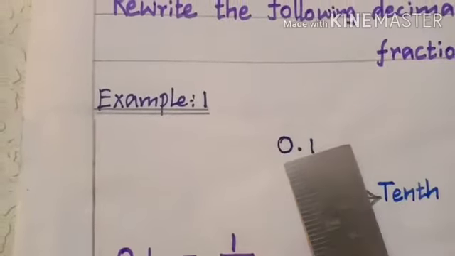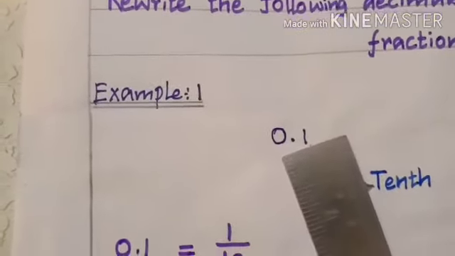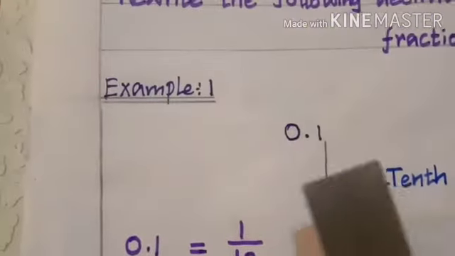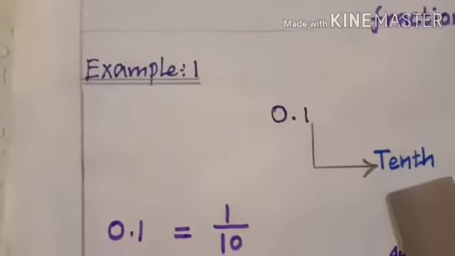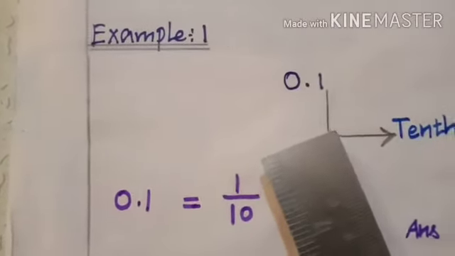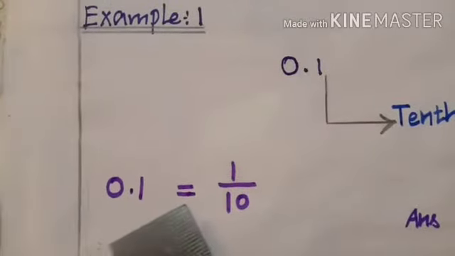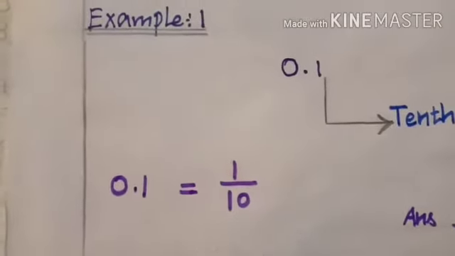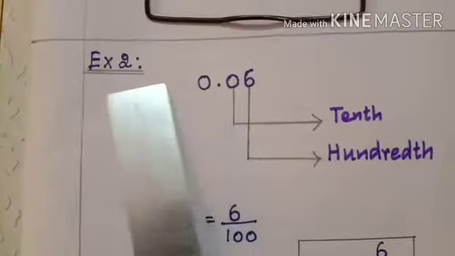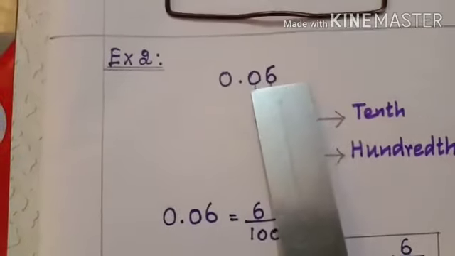It is tenths. Before writing the fraction, we must remove the decimal point and then write the fraction. Here the place value is tenths, so we have to write 1/10. The answer is 0.1 is equal to 1/10. Example 2.